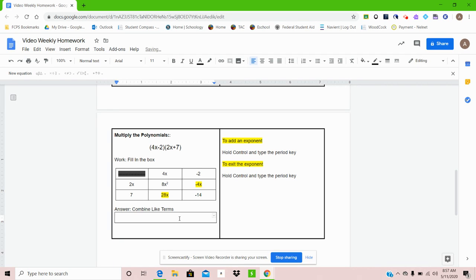Oh, try that again. 8x squared. 28 minus 4 is minus 20 plus 24x, my bad. And then you're left with your negative 14. So again, fill in your box, combine the like terms.